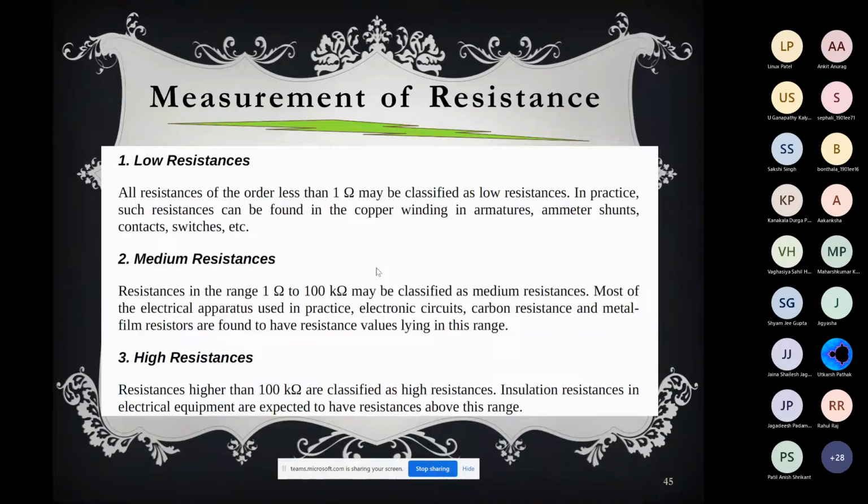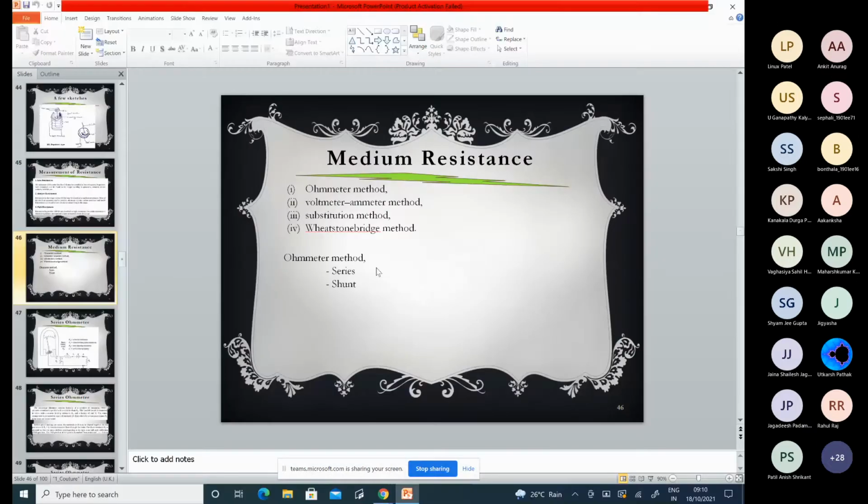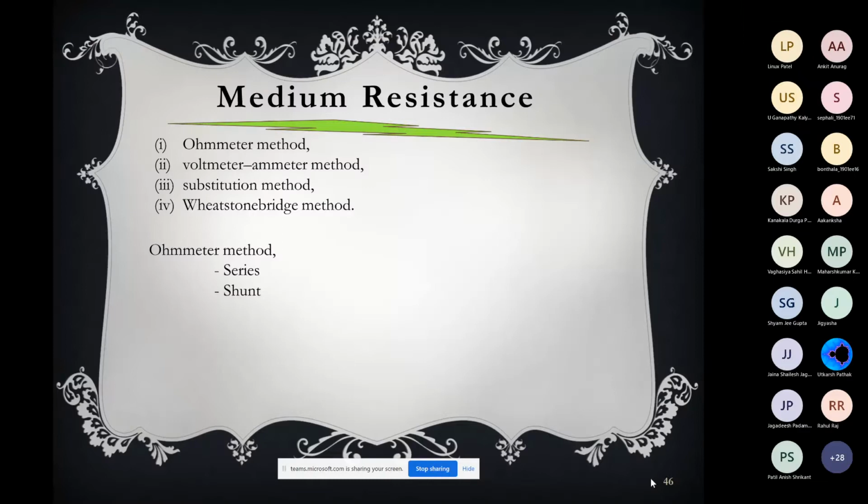Now, if we move further, what I said is that the measurement of medium resistance is the easiest and most popular. If we want to measure medium resistance, the different types of measurement we could do are the ohm meter method, the volt ampere method, the substitution method, or the Wheatstone bridge method. The voltmeter-ammeter method we usually call the VI method.